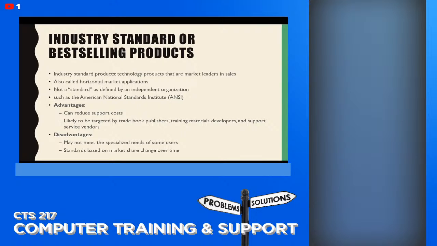Again, that's the same thing as the YouTube videos. Since most people are using the industry standard, book publishers are going to be on that. Training material developers are going to be on that. Support service vendors are going to be on that. Because they know it's widely used and people are going to need this information to learn or support this software.